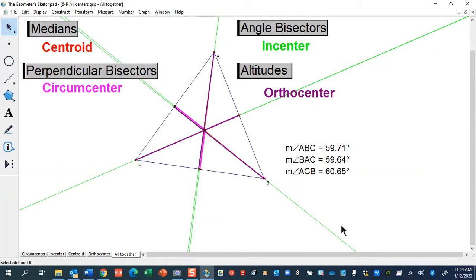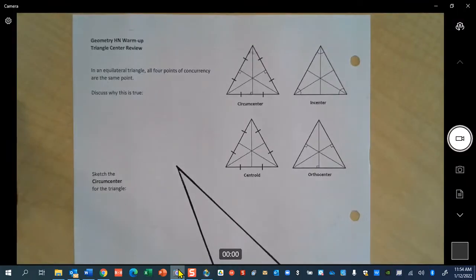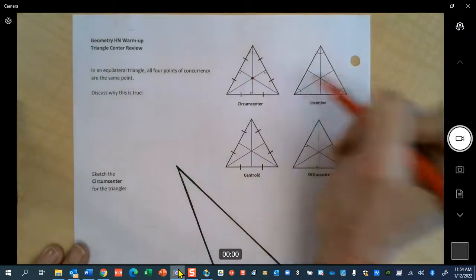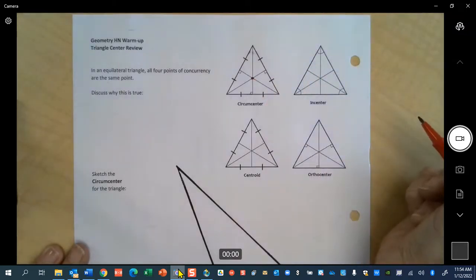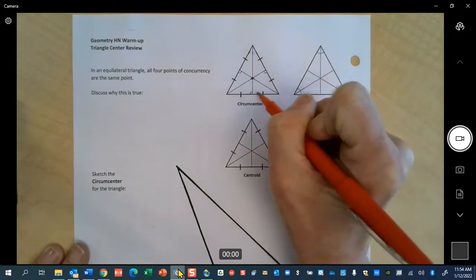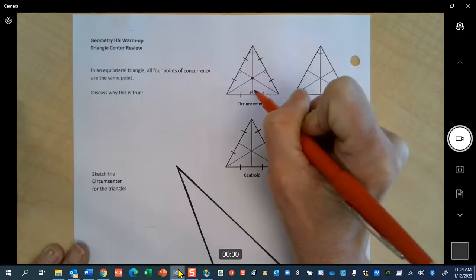Let's go back and look at our sheet of paper. Take a highlighter or a pen of another color and recognize that this is the same as this is the same as this, right?